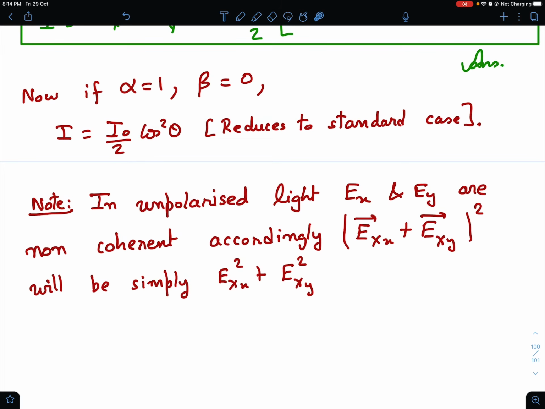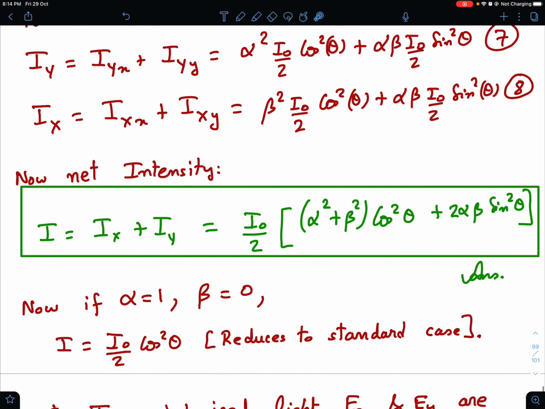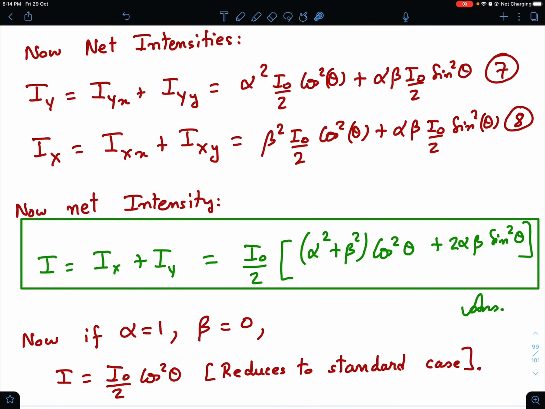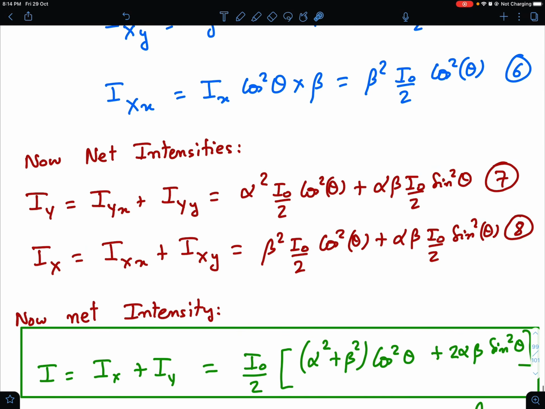That term will not be there. Why? Because its time average value will be 0 because of non-coherence. Okay, so you can do it using the electric field approach also, but I personally found the energy approach to be easier, and there's less chance of making a silly mistake in this one.